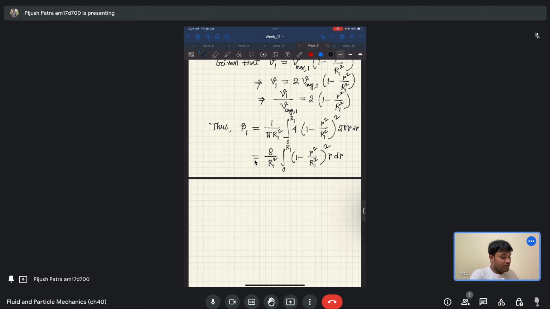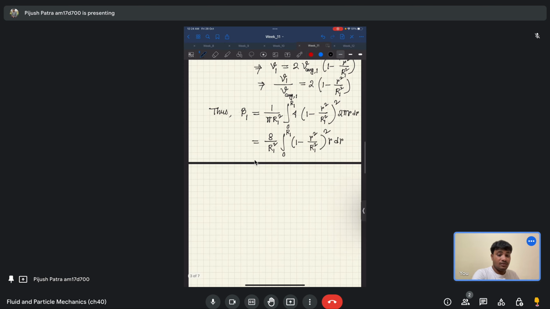What will be this integration? I think this integral will turn out to be R1 square by 6.